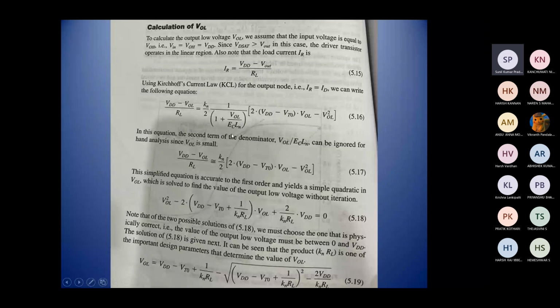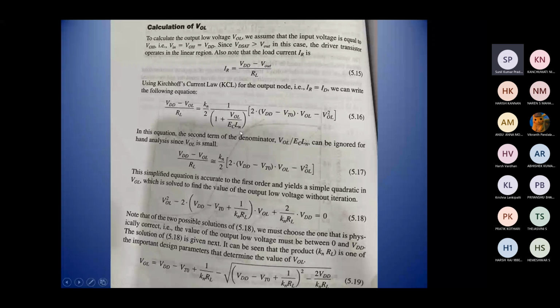In this case, look at the second term in the denominator. This VOL divided by ECLN can be ignored for the analysis since VOL is actually very small, so this term can be neglected.